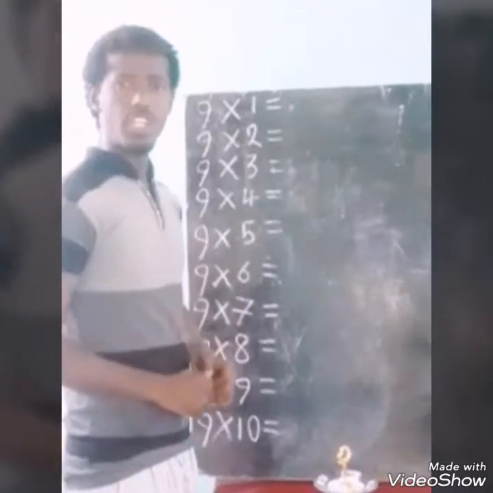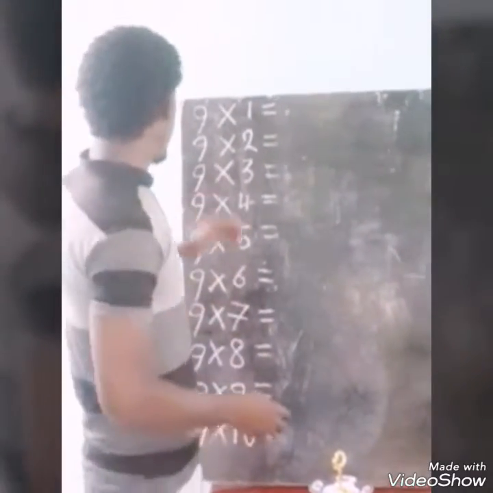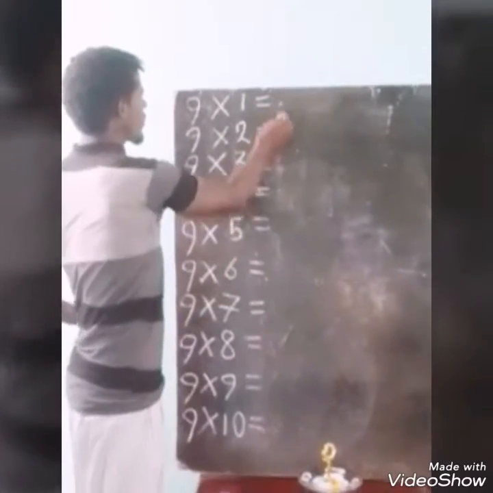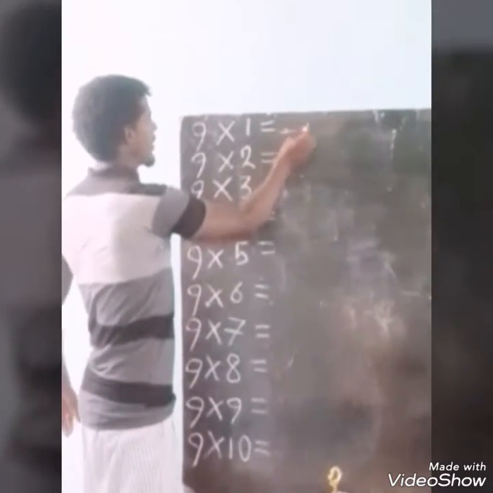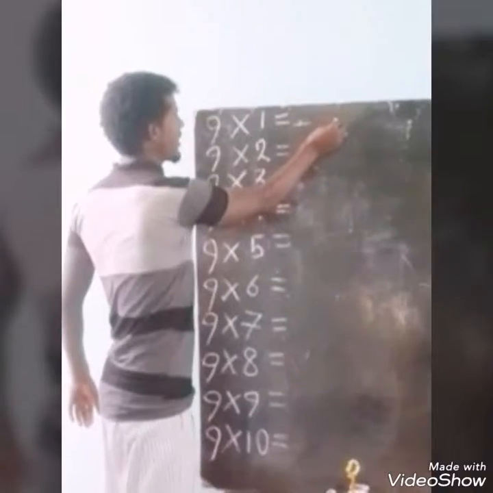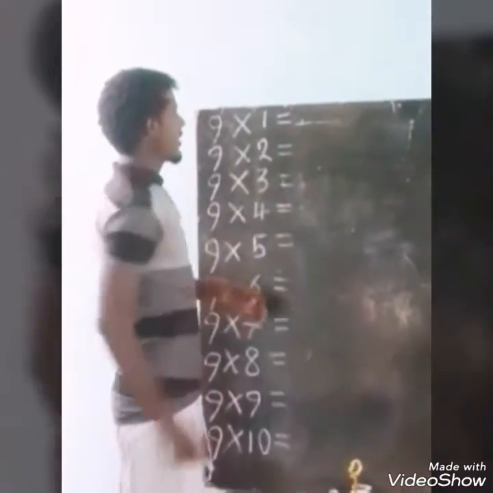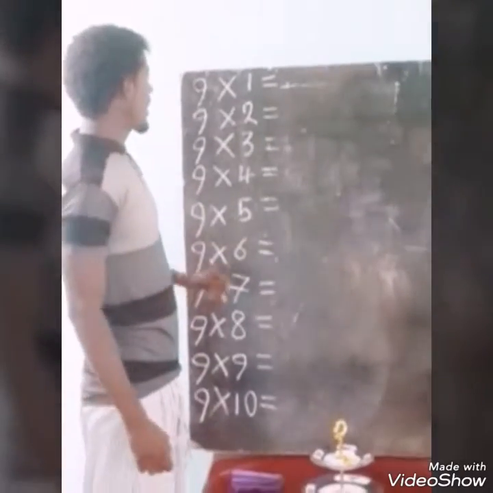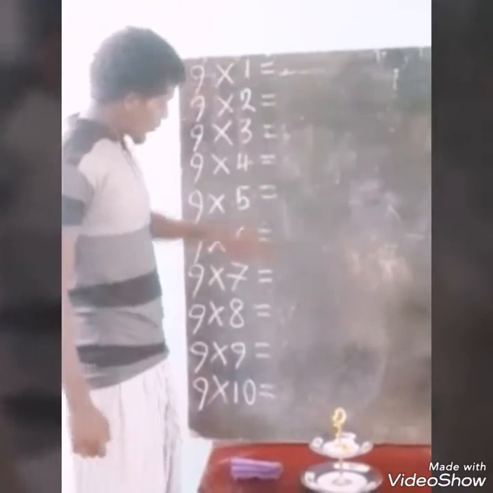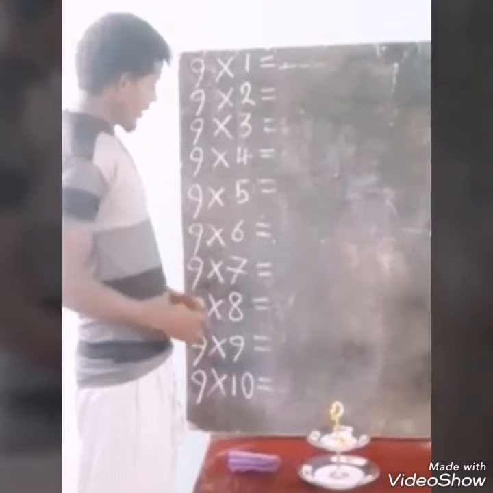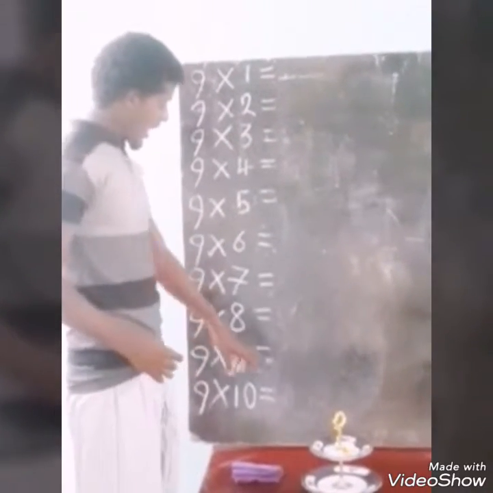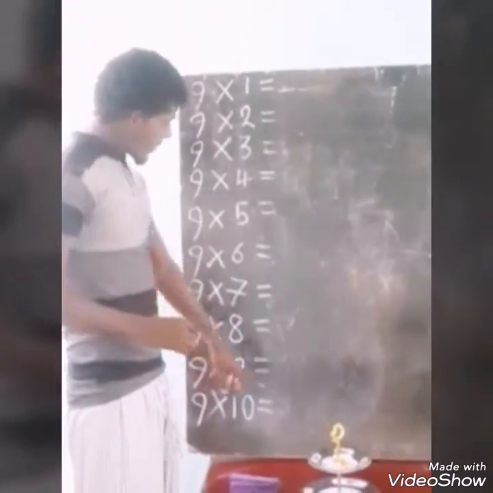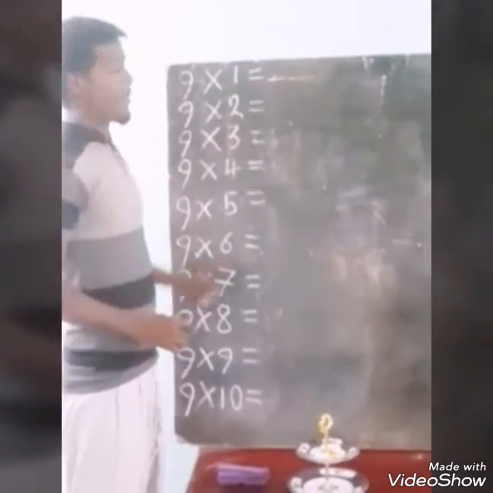I would like to turn to the blackboard. In table 9 we have two lines, the tens line and the Sundays line. I am going to start with the tens line from up to down, and after I finish it I am going to start the Sunday's line from down to up.